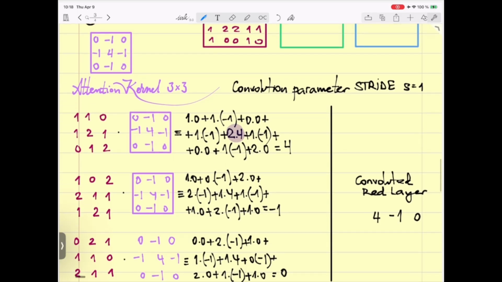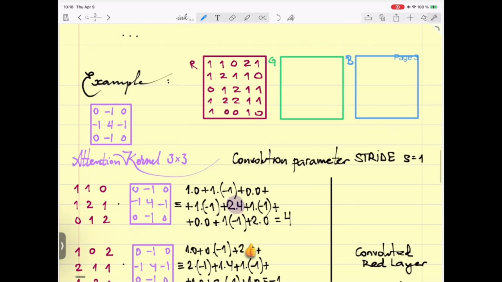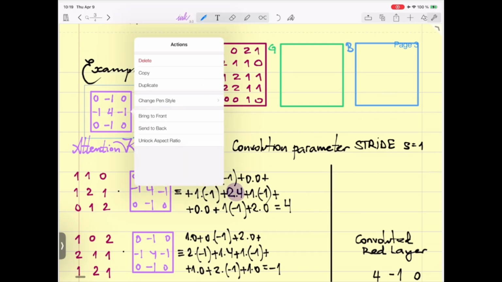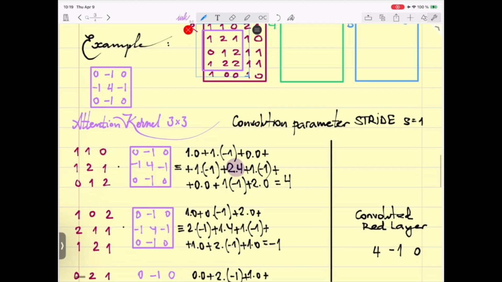Good. You get the concept. We can do it a little bit faster. Of course, in the exam, you need to do it explaining every step. Don't forget, otherwise you don't get points if you don't explain.